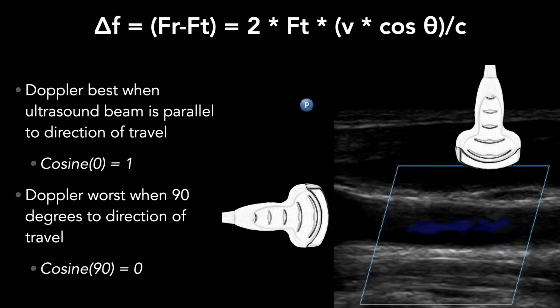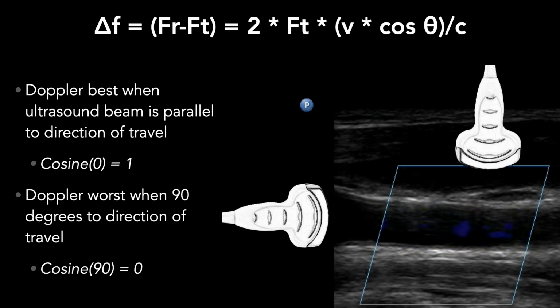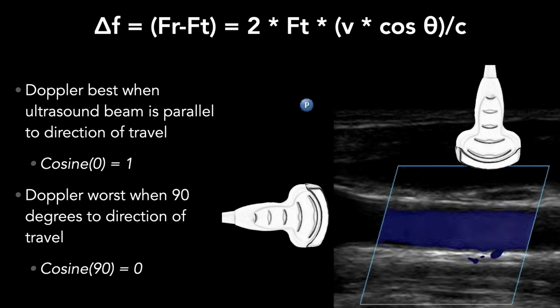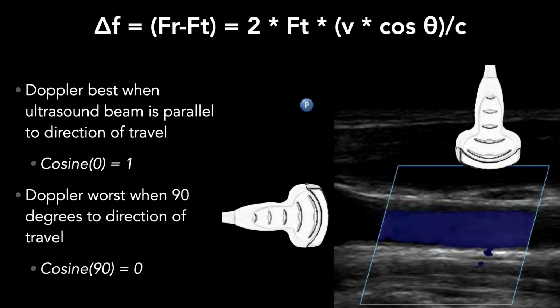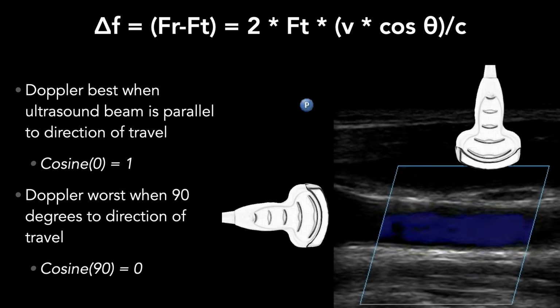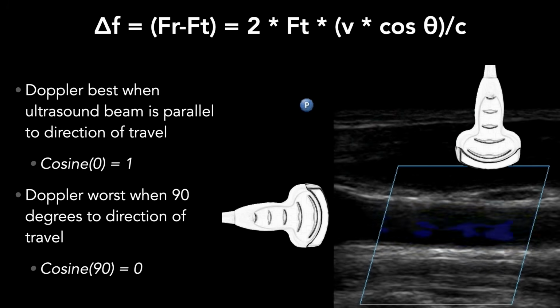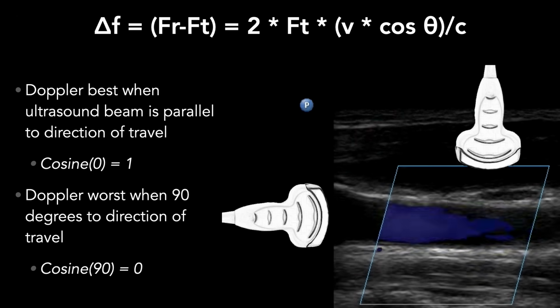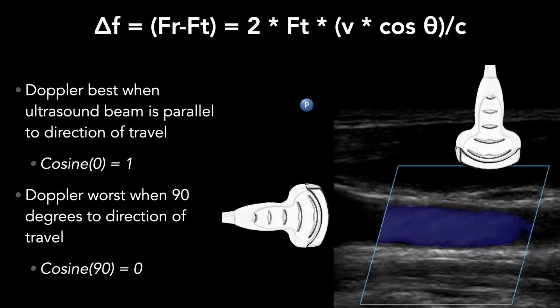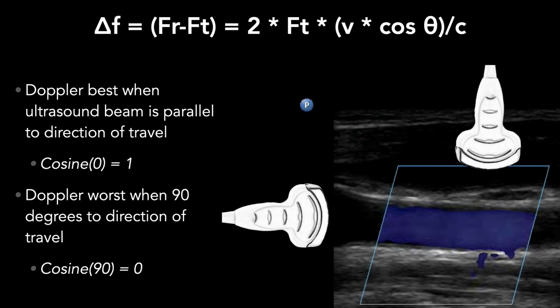So this brings up the question: at what angle should I be measuring this? If I can't do 0, what angle should I measure it? And the answer is it's best to measure this under 60 degrees. I don't have the graph in front of me here, but as you do this cosine adjustment, you can account for a little bit of difference with this angle, but you add a little bit of potential error in the equation. And that error goes way up once you surpass about 60 degrees.